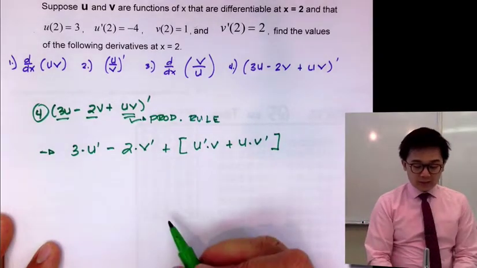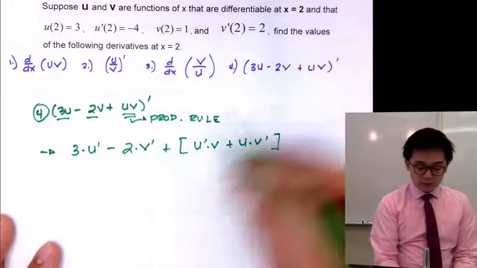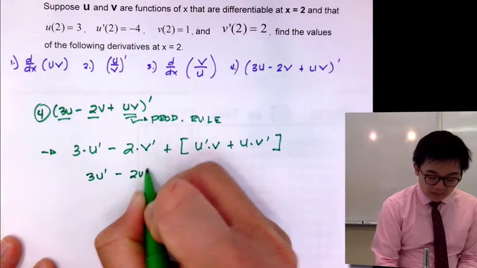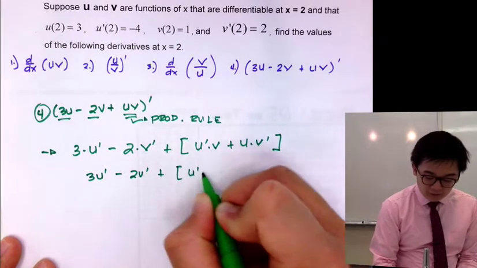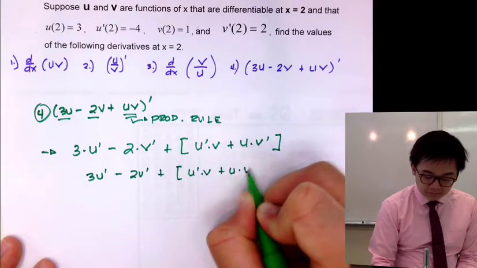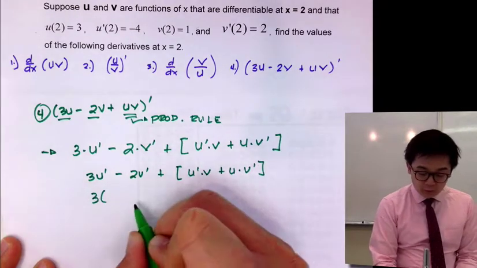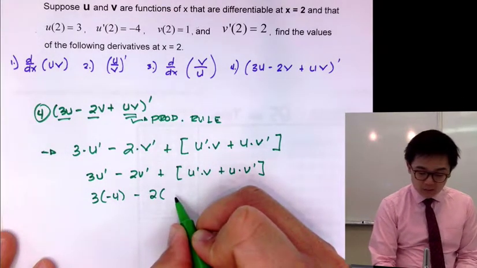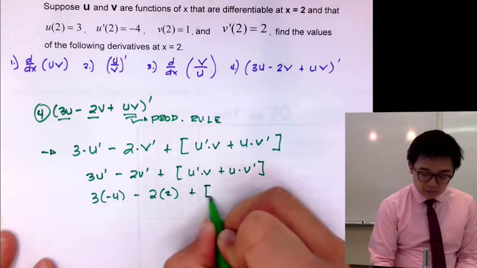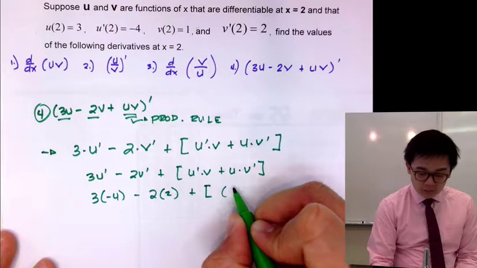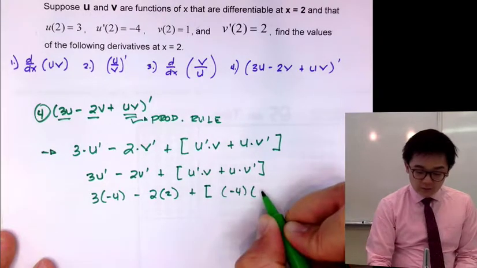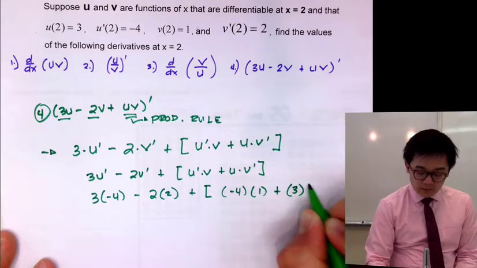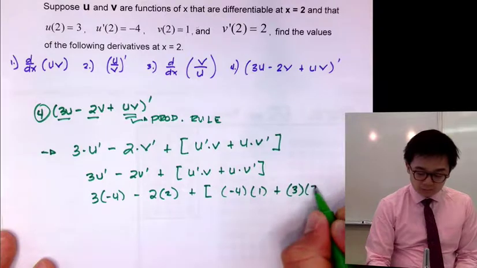So now we're going to evaluate it at x equal to 2. So just like what we did on the 3 other problems, we're going to substitute the values of these functions from the given information. So 3 times u prime, which is negative 4, minus 2 times v prime, which is 2, added to the quantity of u prime, which is negative 4, times v, which is 1, plus u, which is 3, times v prime, which is 2.